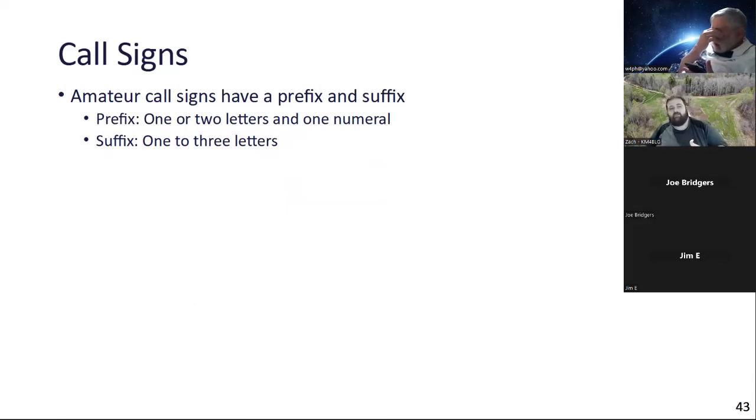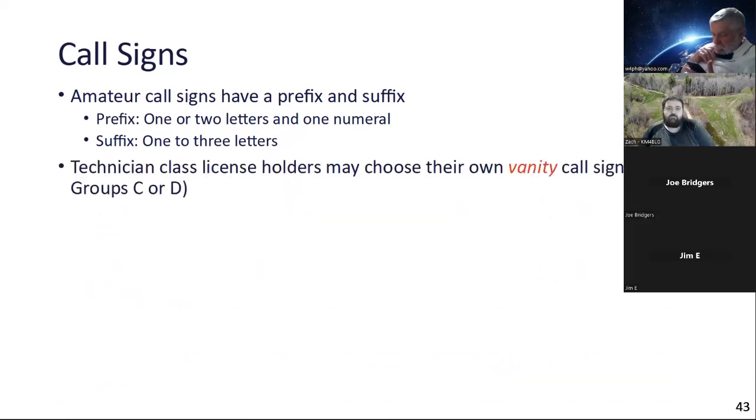The suffix is any letters after the number. There can be one or two letters before the number, and there can be one, two, or three letters after the number. So like my call sign's KM4BLG. My prefix is KM4, my suffix is BLG. There are two letters, KM, before the number, the number's 4, and then there are 3 letters after the number, BLG.